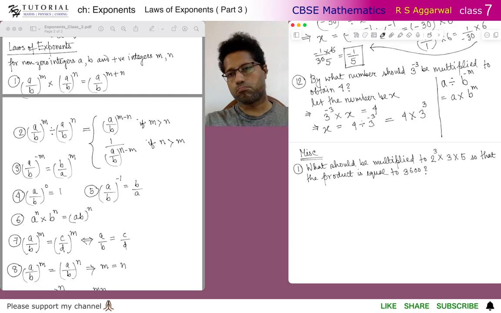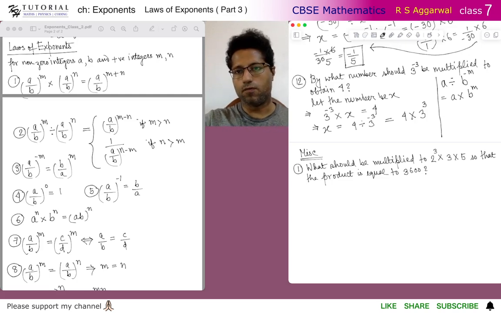Let me show you how this is coming. We know that a divided by some number is nothing but a multiplied by the reciprocal of that number. So a divided by b to the power minus m will be a multiplied by the reciprocal of b to the power minus m.